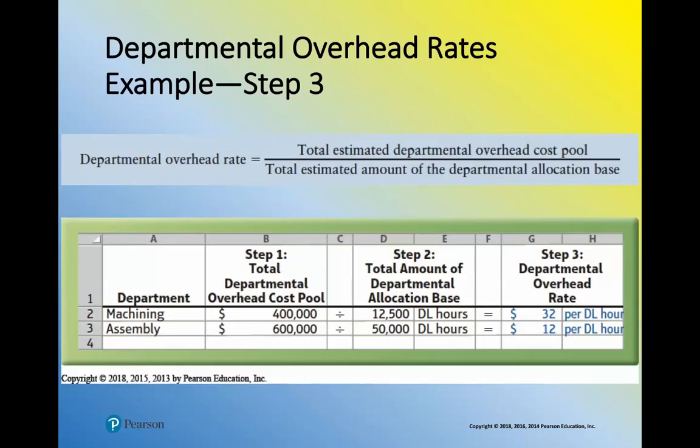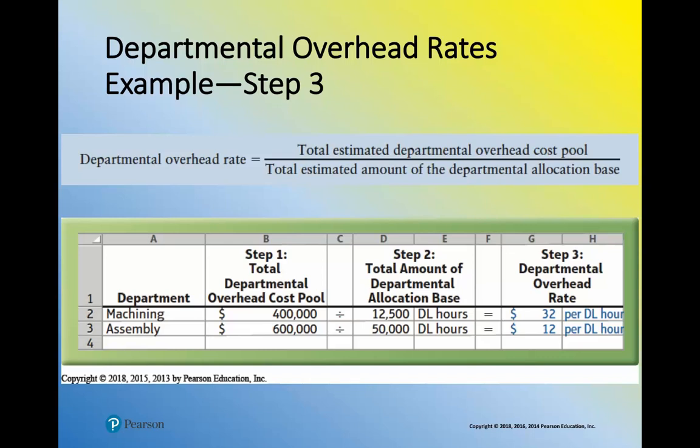So now, step 3, we calculate our departmental overhead rate. Again, our costs from step 1 divided by our allocation base from step 2. We can see now, comparing to our predetermined overhead rate of $16 per hour, that for every hour in the machining department, we're using about $32 of resources. So that's how much we're going to allocate.